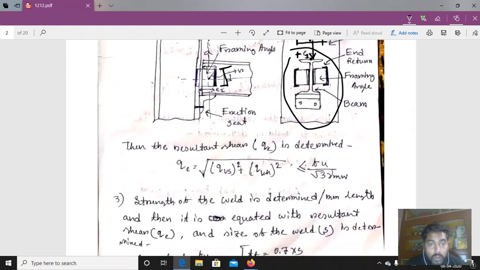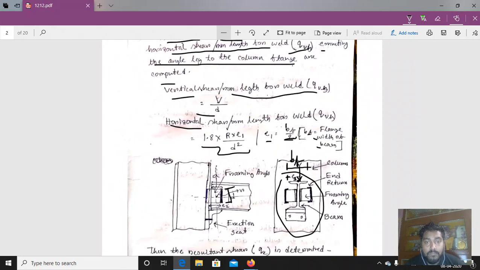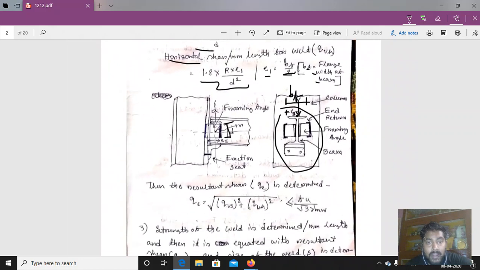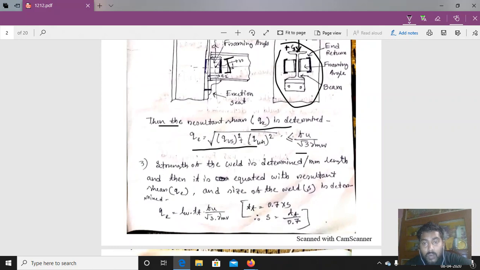Now, the resultant shear force we have to calculate. The V1 we have calculated, vertical shear QVS we have calculated, and D is the length of the angle. The resultant shear force QV is determined by the following formula. It should always be less than Fu by root 3 gamma mw. Now, what is the meaning of gamma mw?